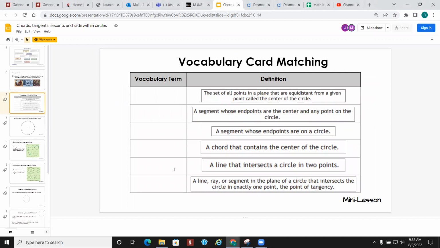Okay, so the vocabulary term, and we're going to use the definition. The set of all points in a plane that are equidistant from a given point are called the center of the circle. Set of all points in a plane that are equidistant, what do we call that? That's a circle.